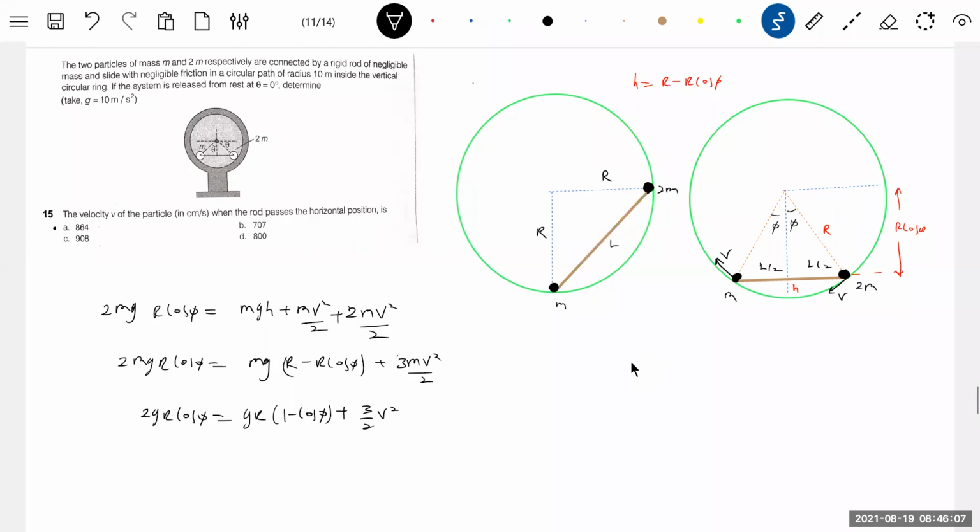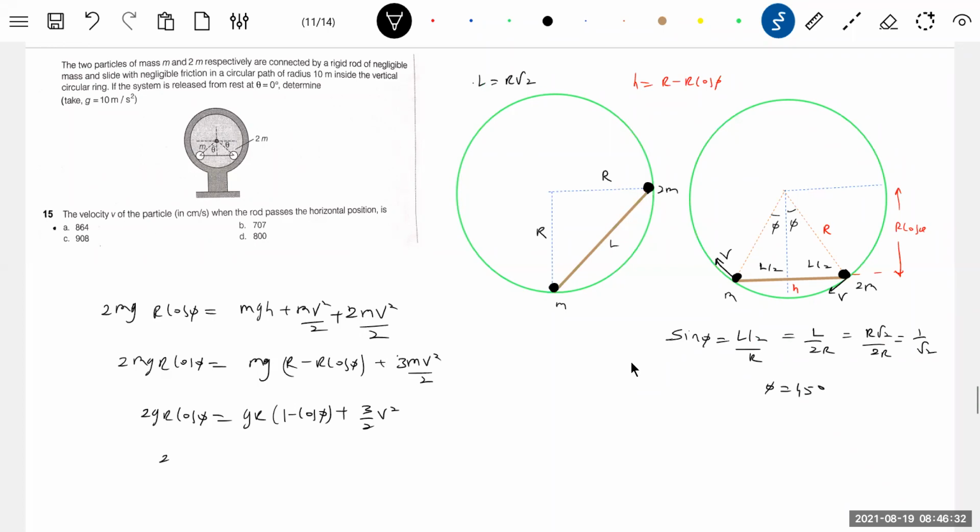What is sine phi? L by 2 by r. And what should the length L be equal to? r root 2. Check it now. L by 2r should be equal to r root 2 by 2r, which is 1 by root 2. So phi will be 45 degrees.